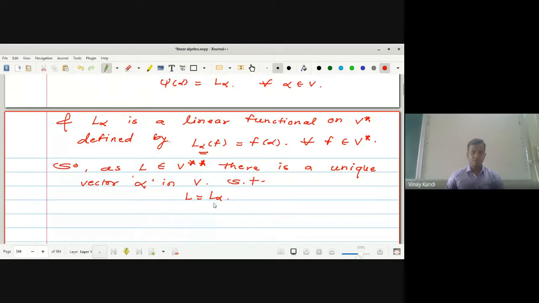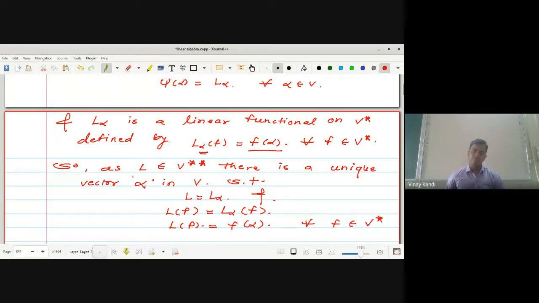Then L of f is L alpha of f, but L alpha of f is f of alpha.